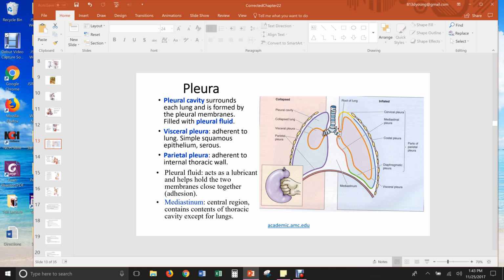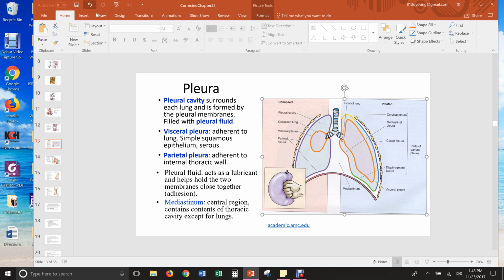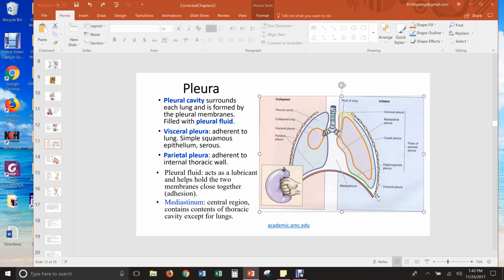So we're going to find that we have linings that are going to be around the lungs as a whole, and then there's going to be a lining that's going to run the length of the thoracic cavity, and it's helping to anchor the lungs, but it also creates a space between the lungs and the thoracic cage. So we end up having a lining that is visceral and a lining that is parietal.